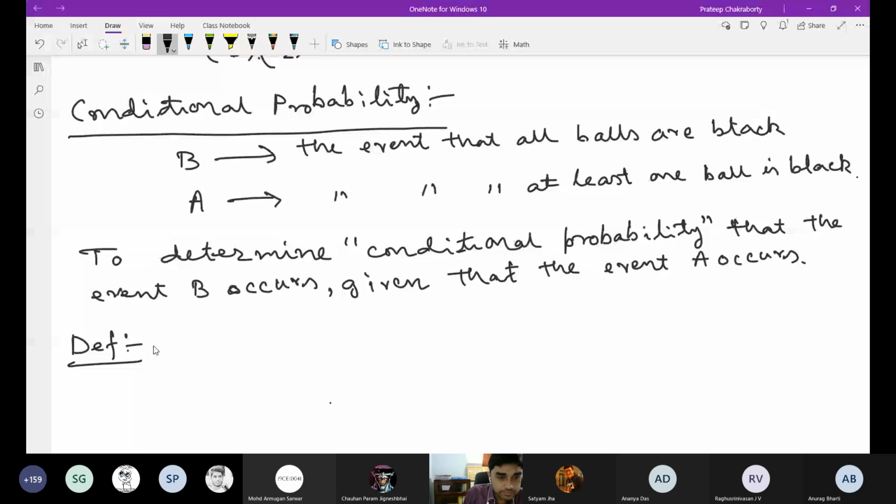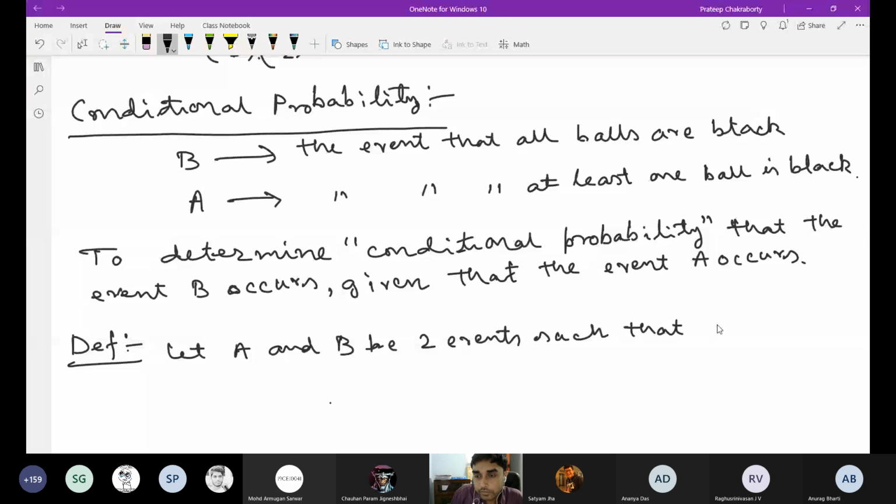Just this definition. Let A and B be two events such that P of A is greater than 0.